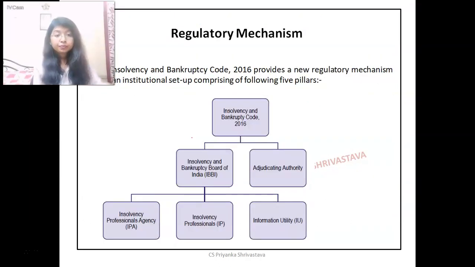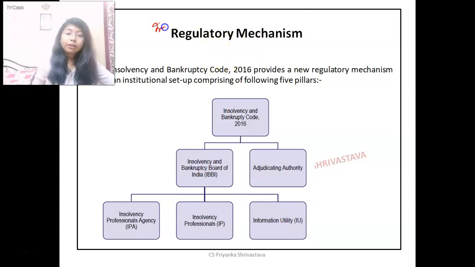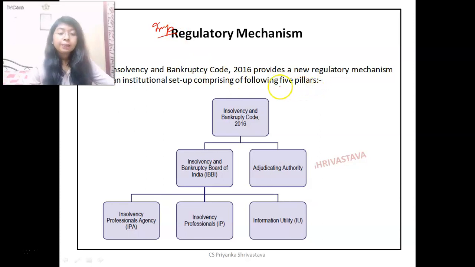Okay. Now this is the regulatory mechanism. It's a very important thing. This IBC has set up a new regulatory mechanism with an institutional setup comprising 5 pillars. So there are 5 pillars of IBC. First, it is the Insolvency and Bankruptcy Board.